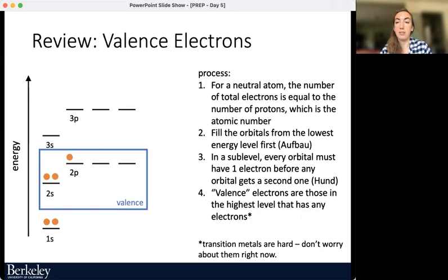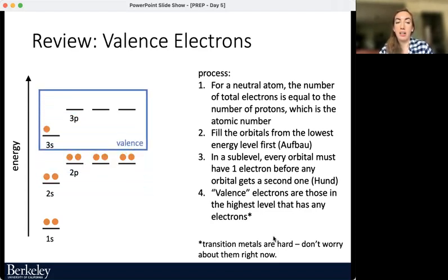So this is boron, carbon, nitrogen, oxygen, fluorine, neon. So neon now has this full valence shell, which we're going to talk about today. Whenever you have a full valence shell, that atom is really stable.